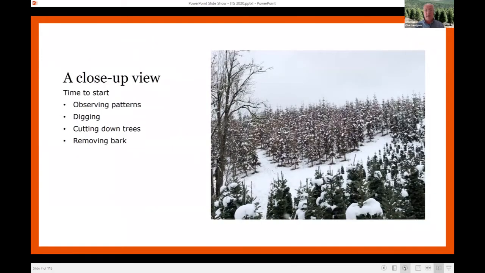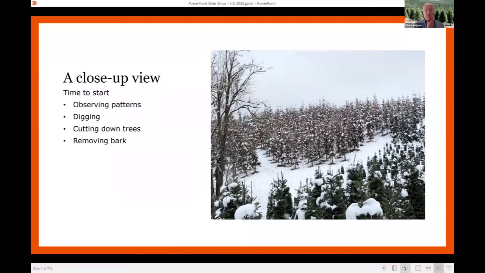What you see up close, and this is an up close version of that same field that I was showing on Google Earth, is us looking back up the slope after a snowstorm, and starting to observe patterns and look at what's happening in these fields.